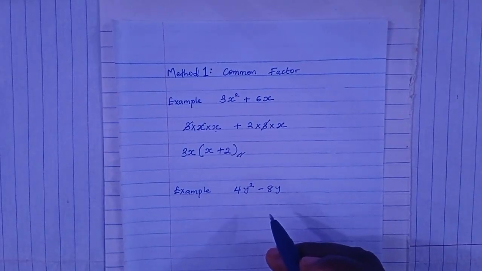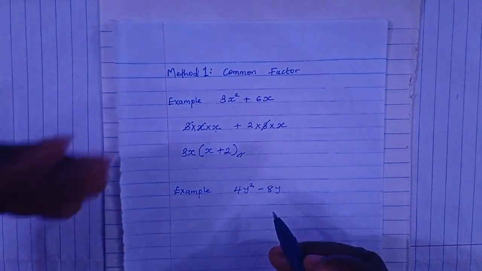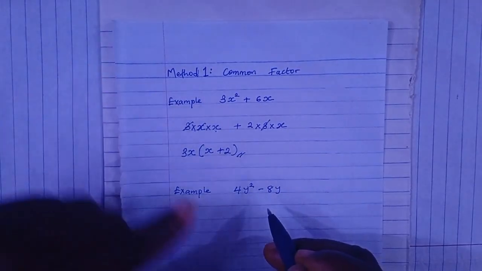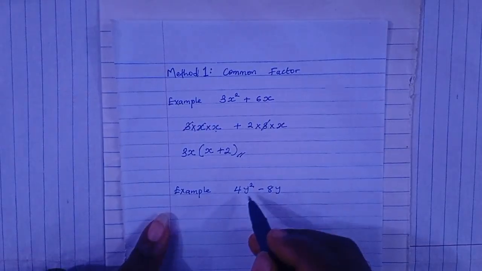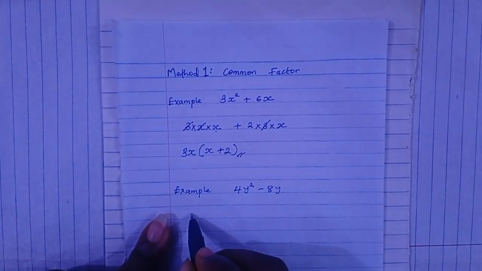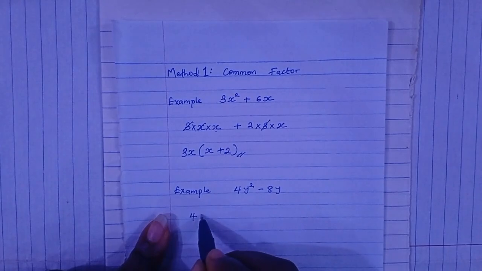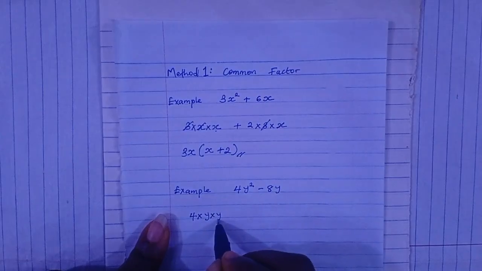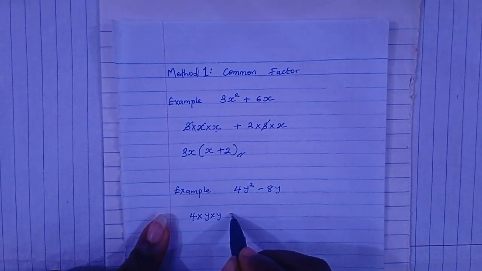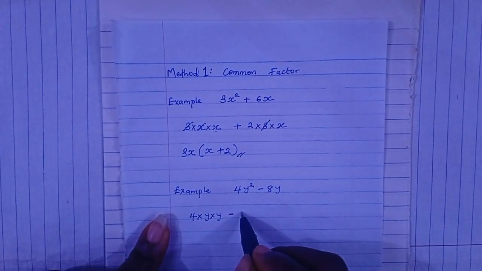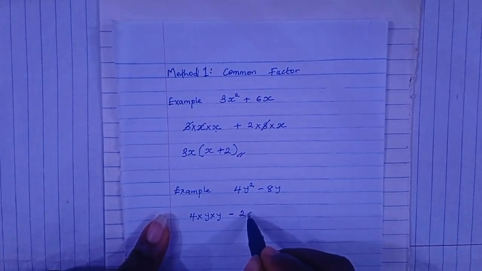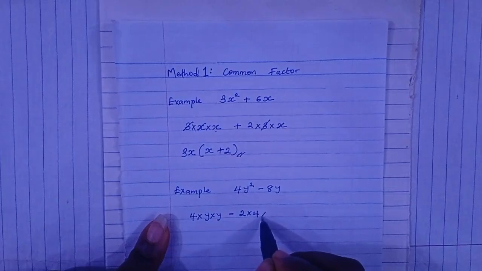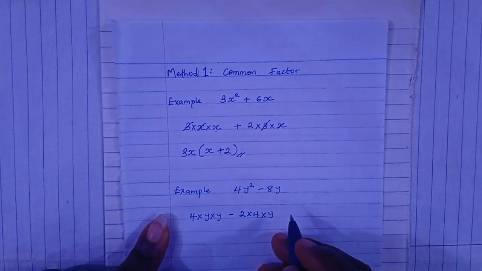In factorizing this, it is still the same way. So we are going to break this into 4 times y times y minus, this is 2 times 4 times y.